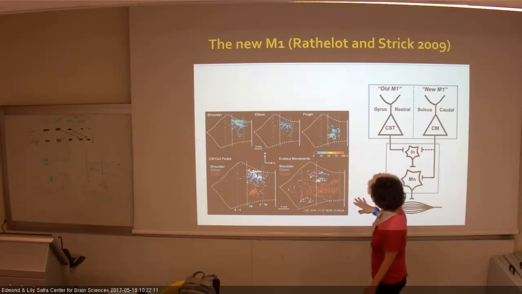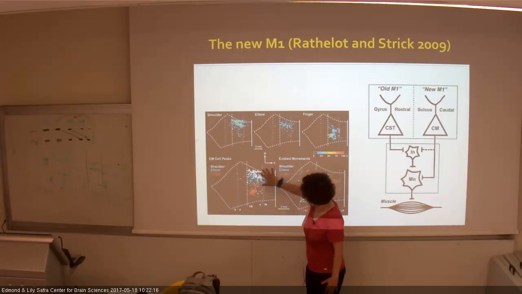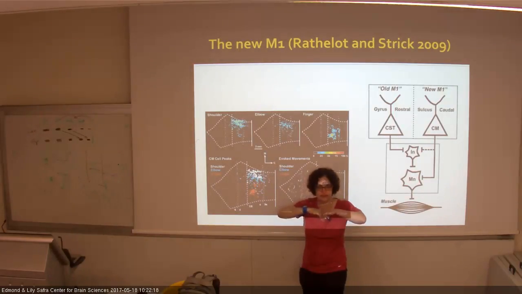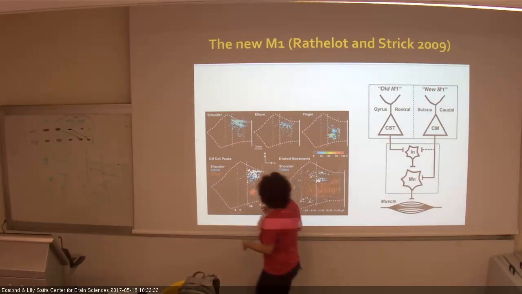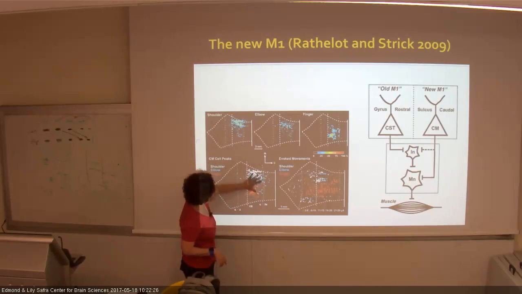This is the central sulcus, and this is the flattening of the motor cortical map.